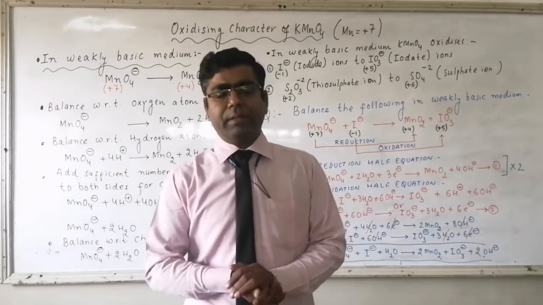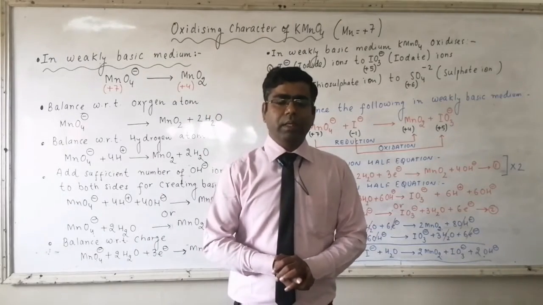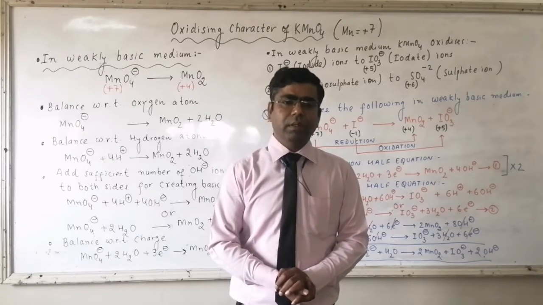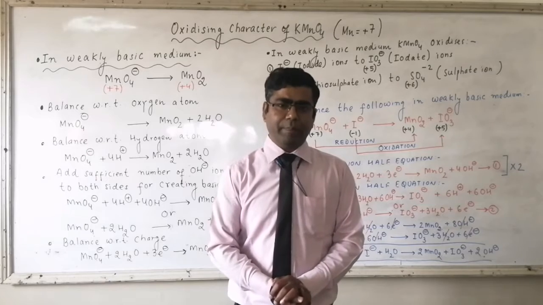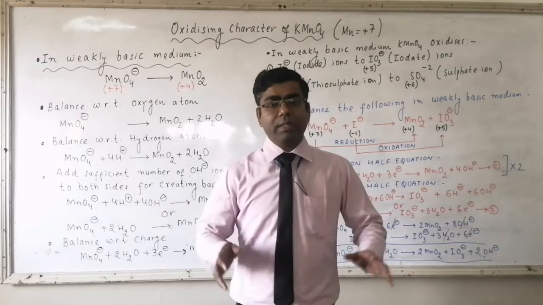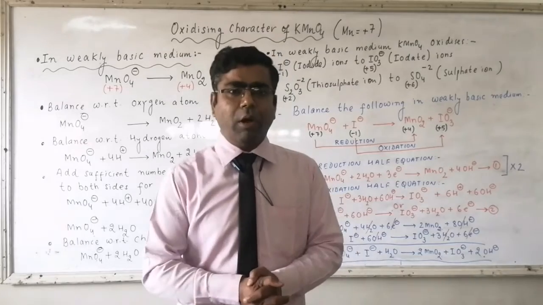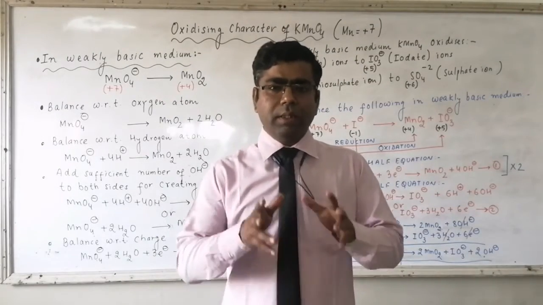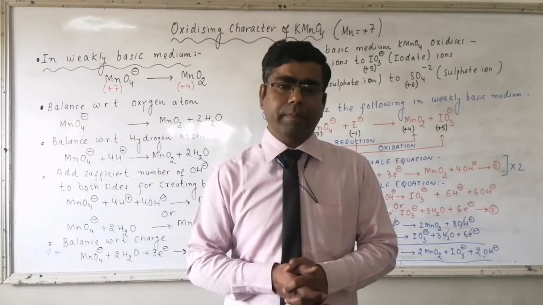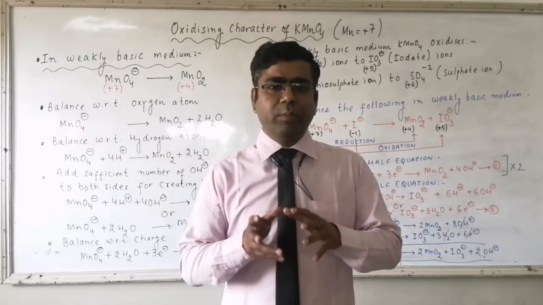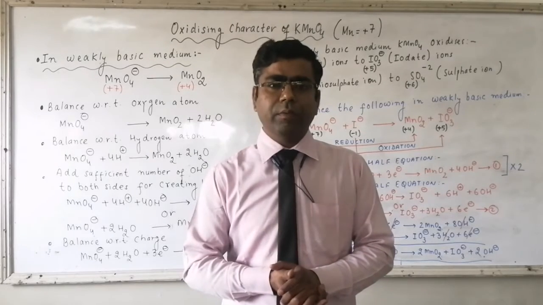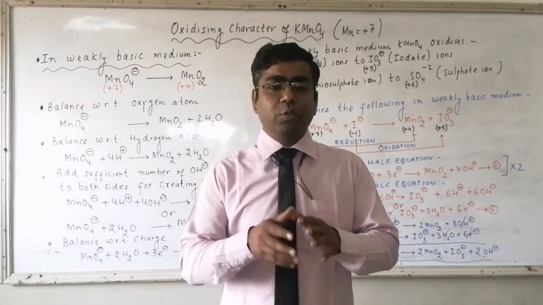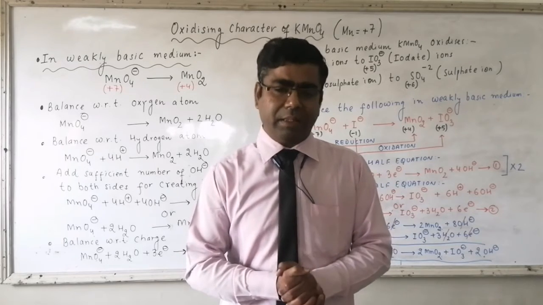There I have told you that KMnO4 works as a strong oxidizing agent, because in KMnO4, Mn exhibits an oxidation state of +7. All the 7 electrons have been moved away from manganese, so there is no electron left with the manganese atom.